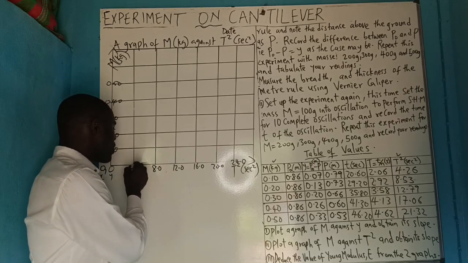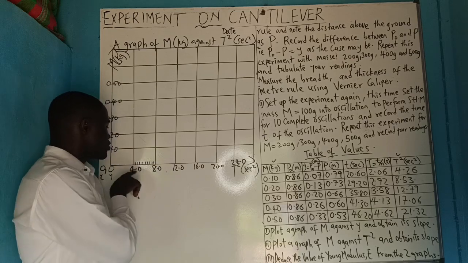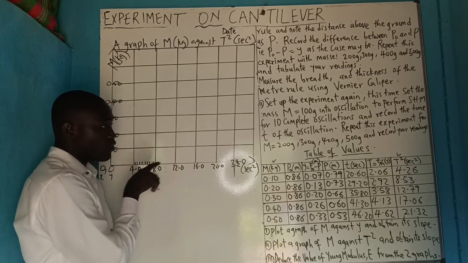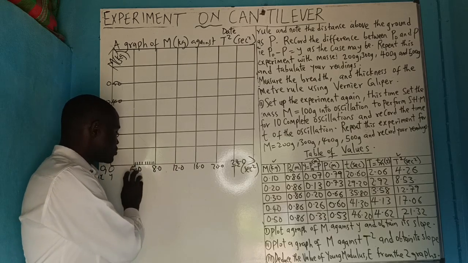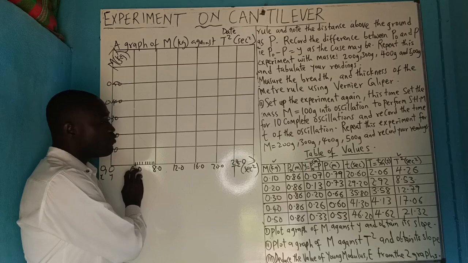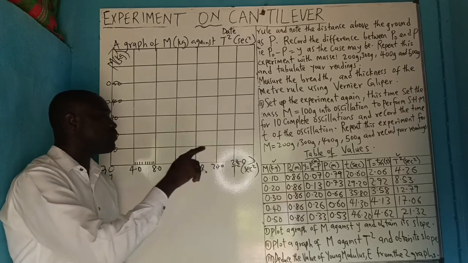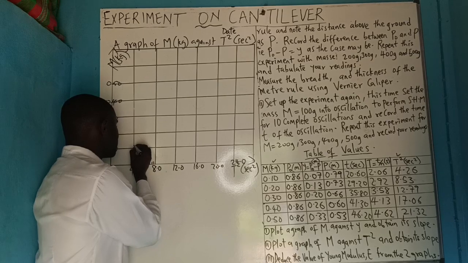If we have 10 small divisions, 1, 2, 3, 4, 5, 6, 7, 8, 9, so 4 over 10 is 0.4. So 4.4 will be the next, but here is 4.26, so it will be here.